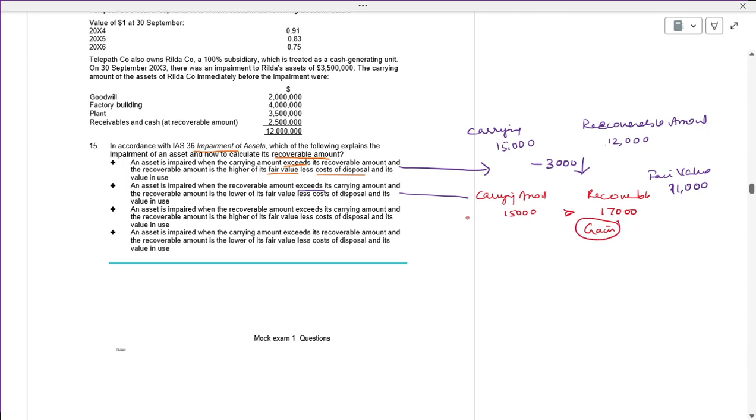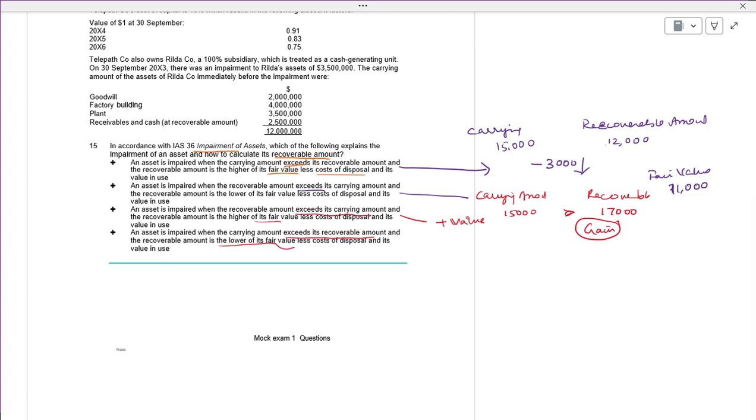An asset is impaired when the recoverable amount exceeds the carrying amount, and the recoverable amount is higher. No, that would give a positive value. An asset is impaired when carrying amount exceeds its recoverable amount and the recoverable amount is the lower of its fair value.